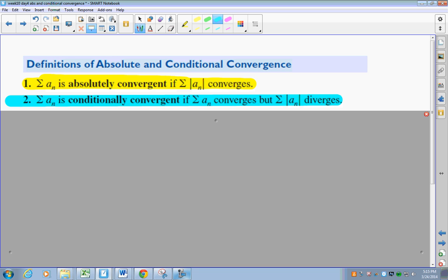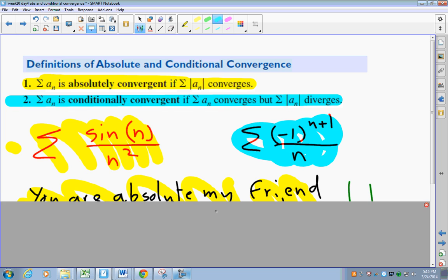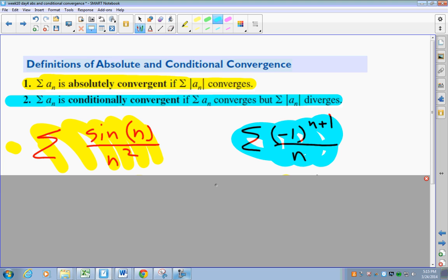Okay? Kind of, it's wordy. I know it's wordy. This one always messes me up. So don't worry. On the next slide, I have a metaphor. And the other one says the series conditionally converges if he converges, but the other guy doesn't converge.